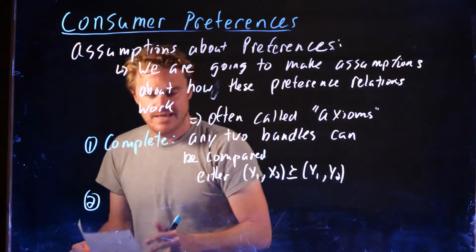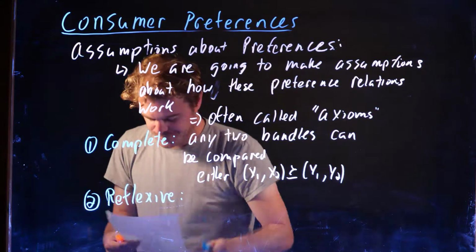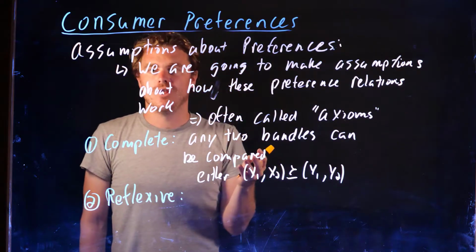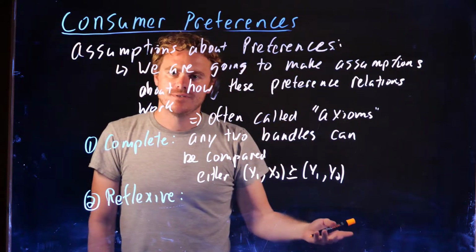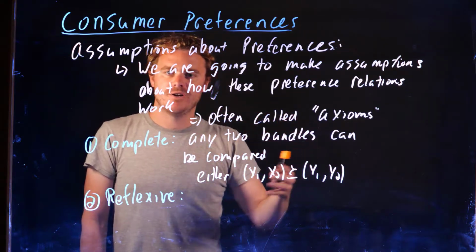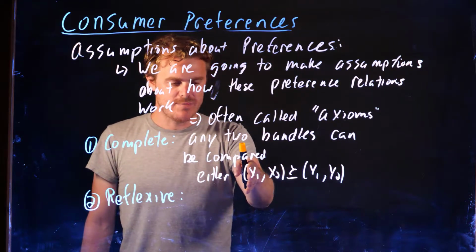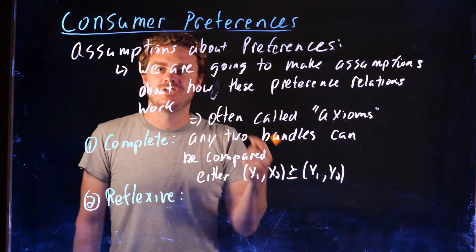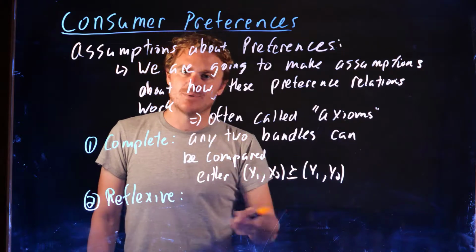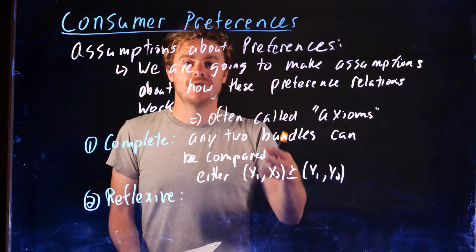The second is that they're reflexive. What this means is that any bundle is at least as good as itself. That seems like a weird thing to say, but a bundle of x1 amount of good 1 and x2 amount of good 2 is just as good as another bundle with exactly x1 amount of good 1 and x2 amount of good 2. Again, this seems like a very trivial assumption.